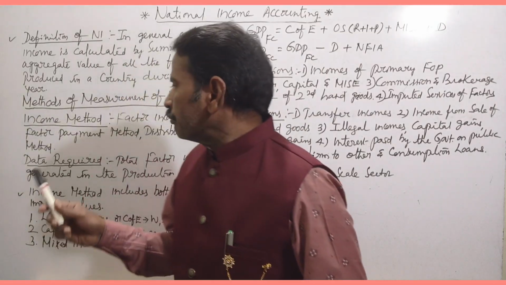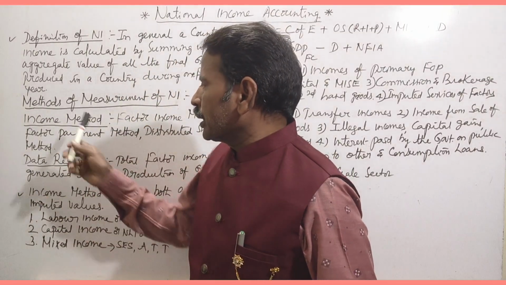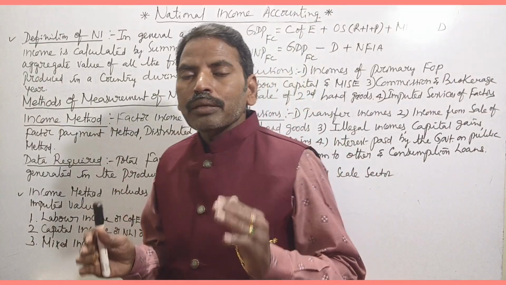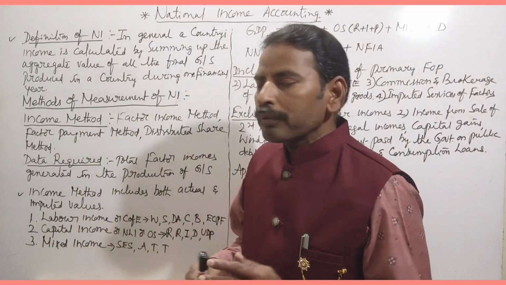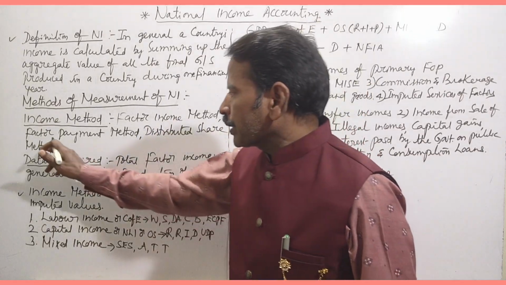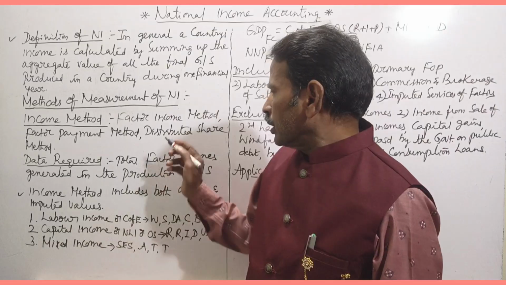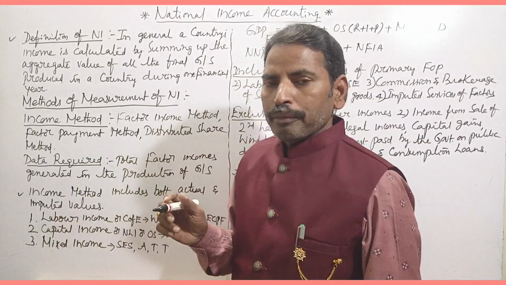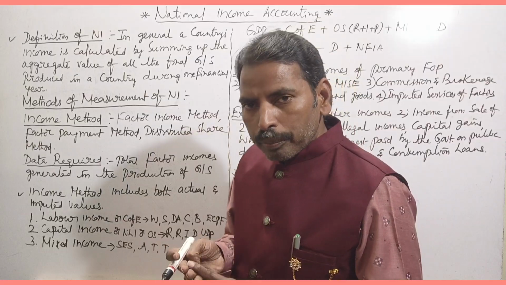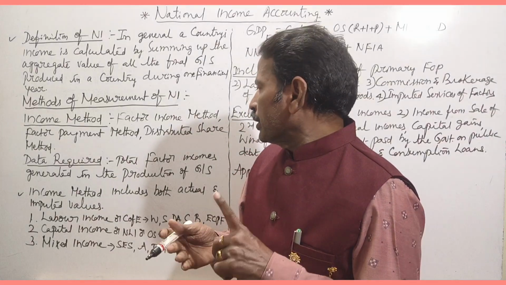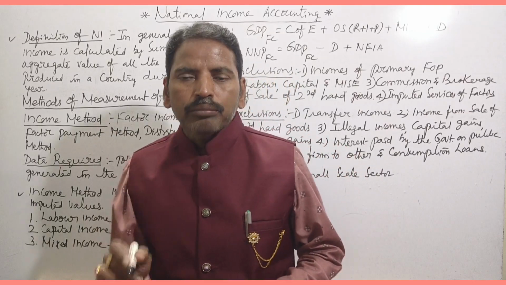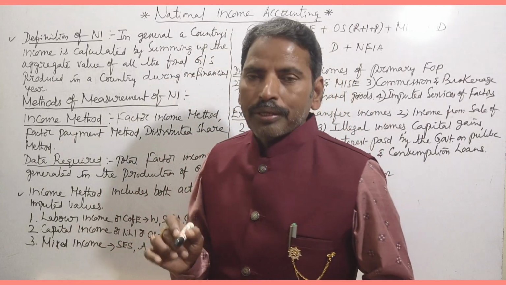The other names of the income method are factor income method, factor payment method, and distributed share method.